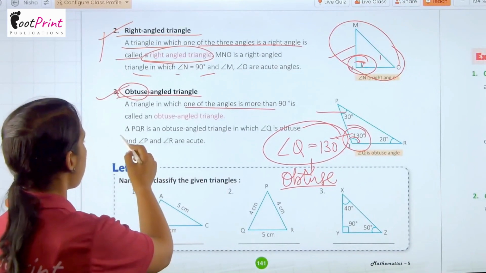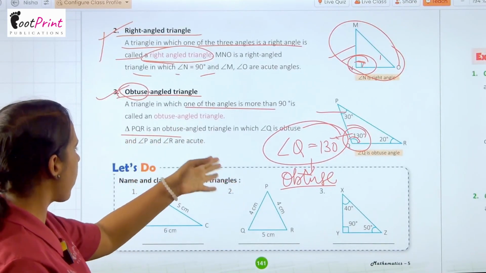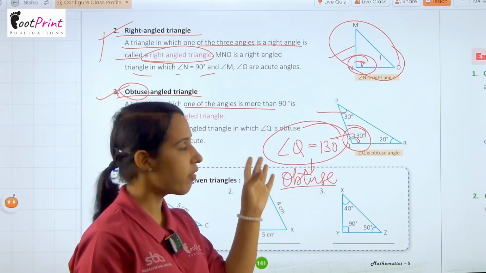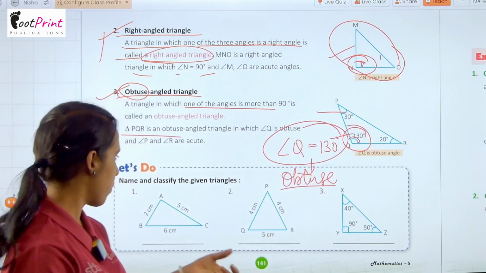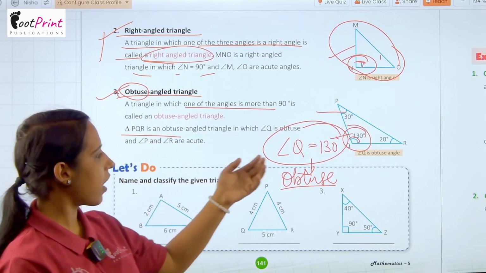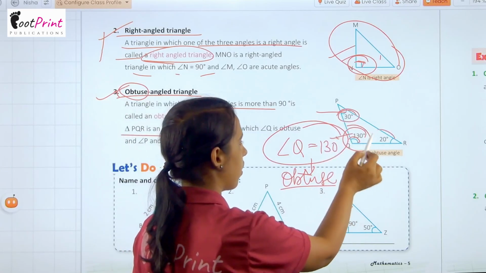So here triangle PQR is an obtuse angle triangle in which Q is the obtuse angle and P and R are acute.